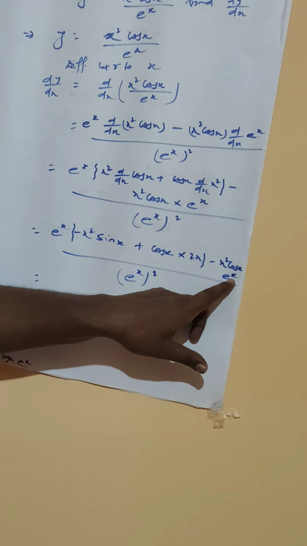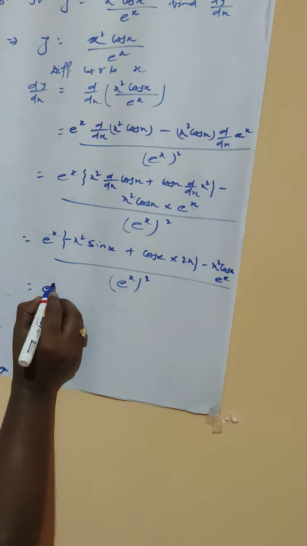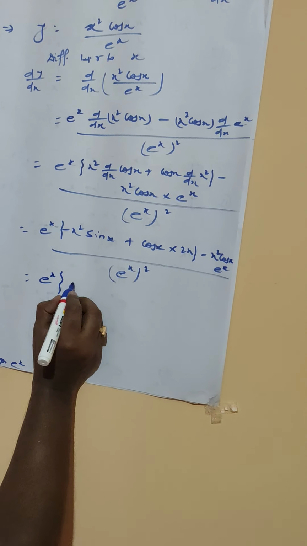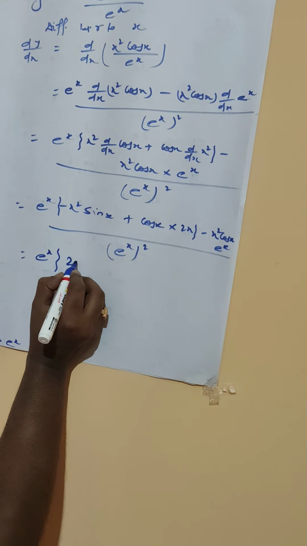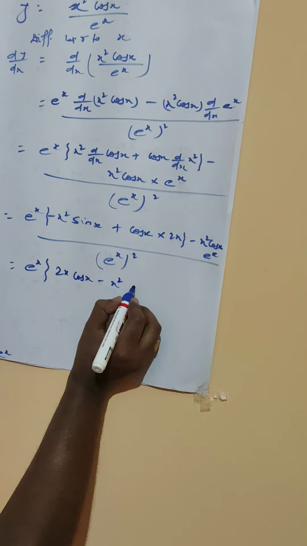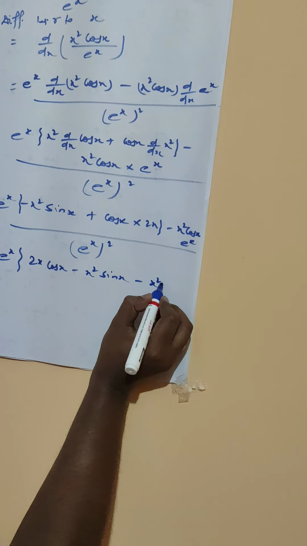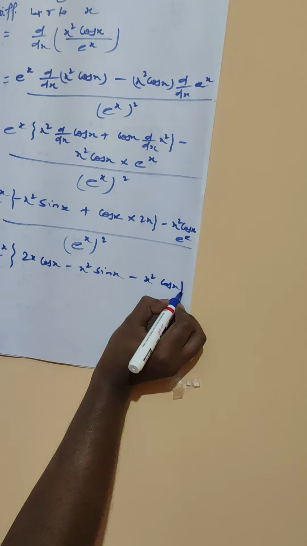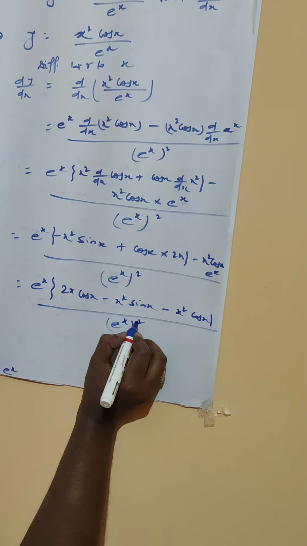Here is also e to the power x, here is also e to the power x. So we can take e to the power x common. Now take the positive term at first, 2x cos x minus x squared sin x minus x squared cos x, whole divided by e raised to x whole square.